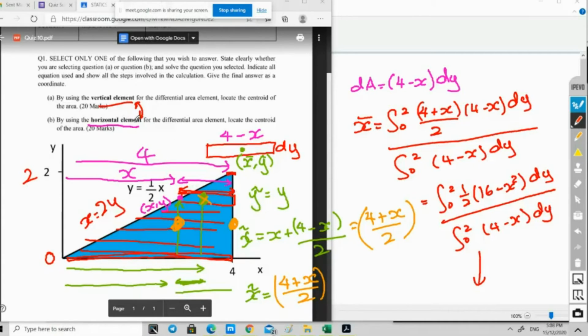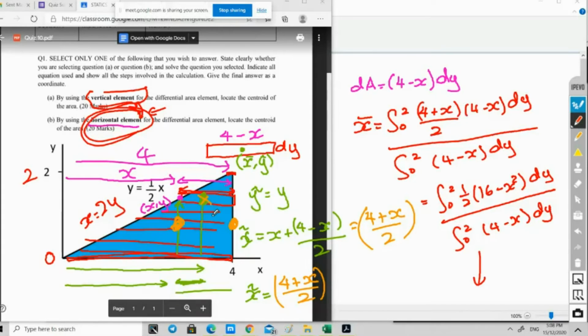For example, I purposely want you to use horizontal element here, even though vertical is easier, just to test whether you know how to do all of this using horizontal. So I can specifically ask, find using horizontal. So you have to know how to do this, even though it's a bit more difficult compared to vertical, right?